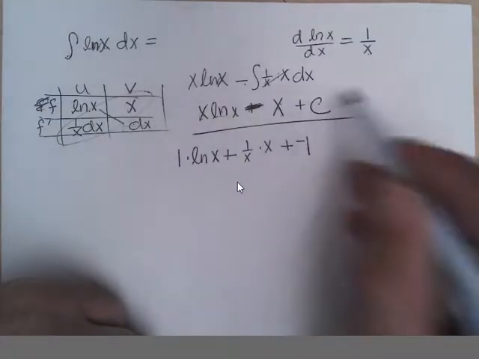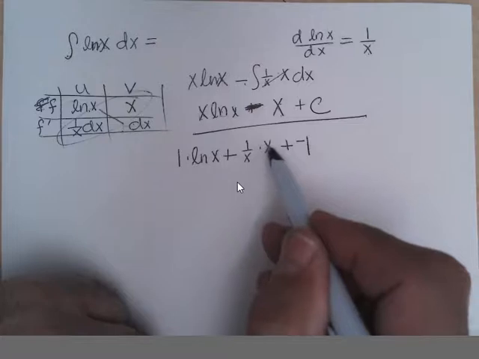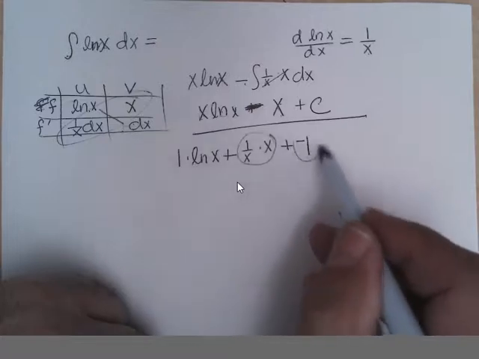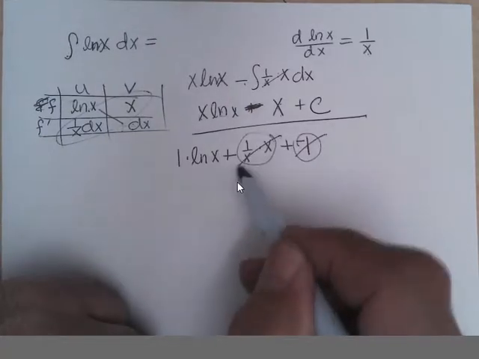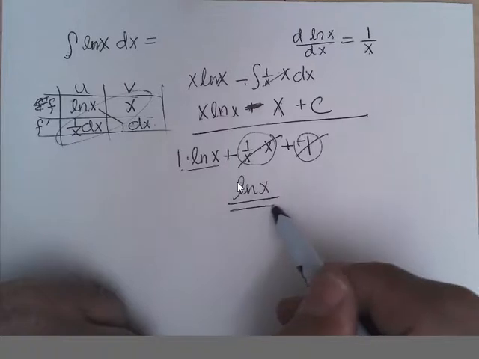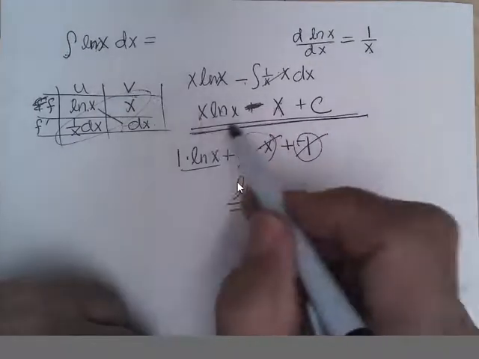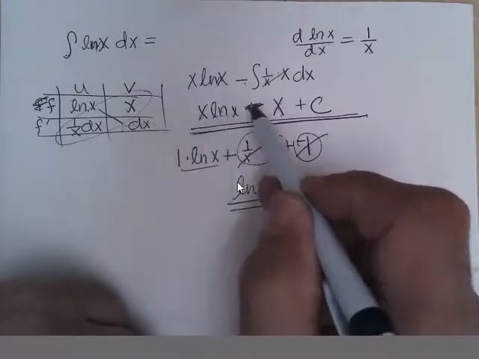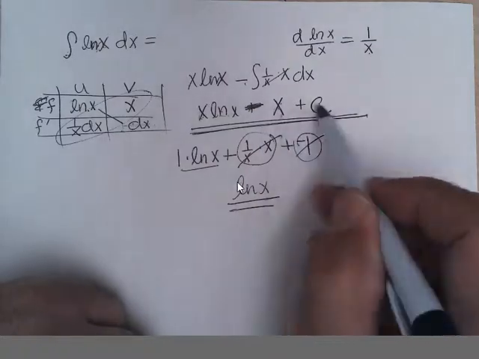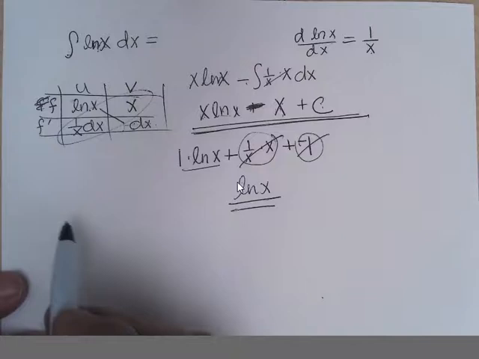Derivative of the constant is 0. And we get 1 over x times x, 1 minus 1, and we get ln x. So the antiderivative of ln of x is x ln x minus x plus c. And this is how you derive it.